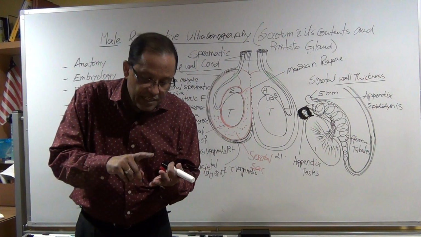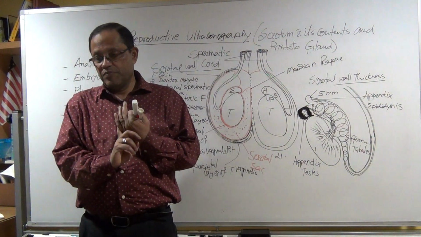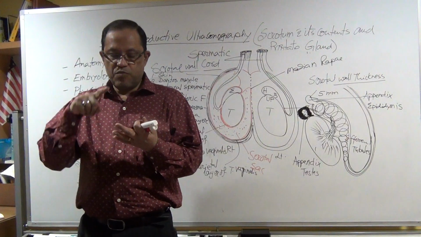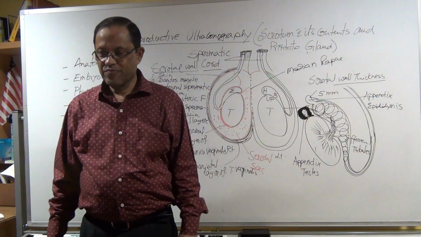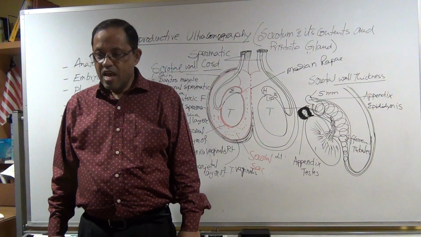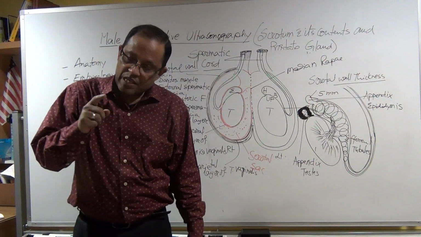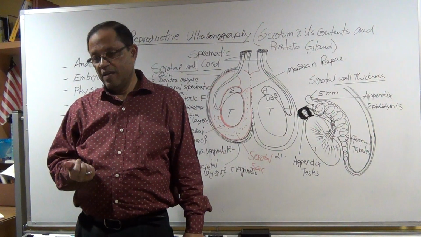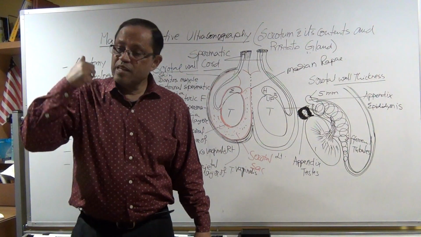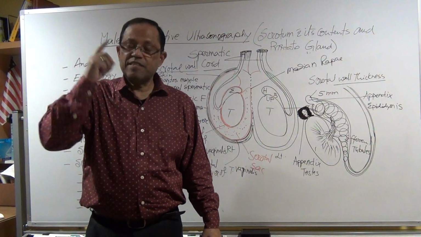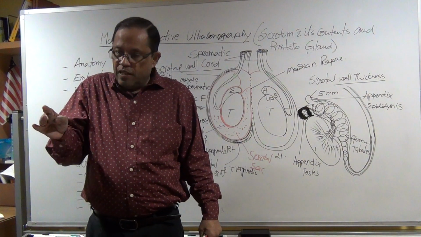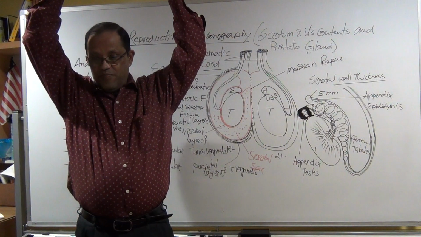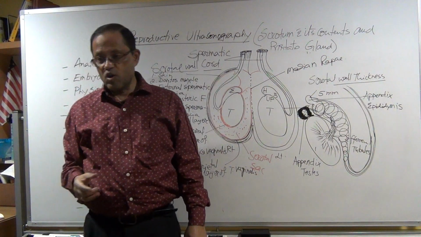It contains three sets of arteries. One is the testicular artery, one the epididymis artery, one the cremasteric artery. It contains the pampiniform plexus of veins that returns the blood. It contains the nerves, lymphatics, fat, and fascia that make the bundle. So that goes up. That is the spermatic cord.